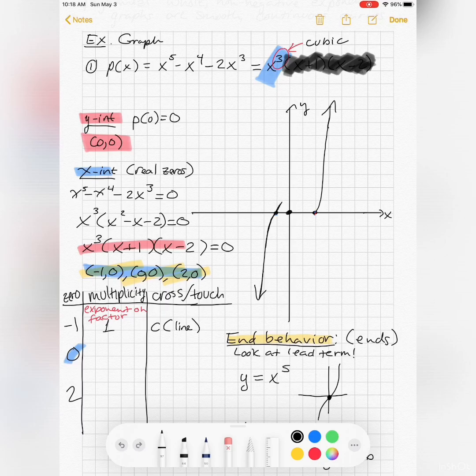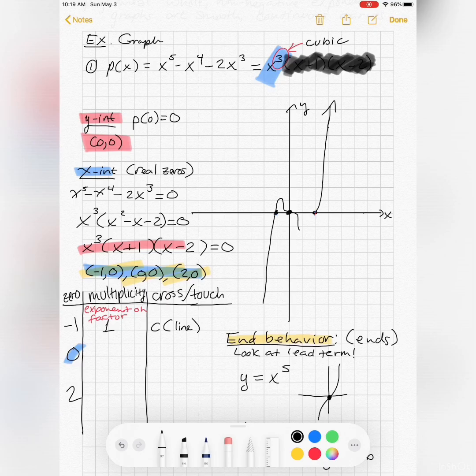So I'm going to try to draw this in. Maybe I'll try to do them together. It'll be easier. Okay, so this guy goes straight through like a line, whereas this one I have a cubic shape, like so.